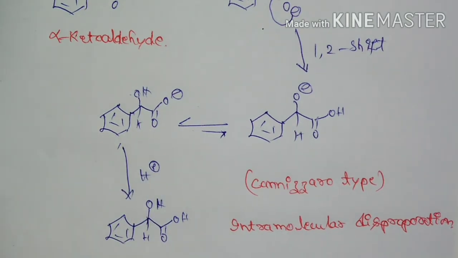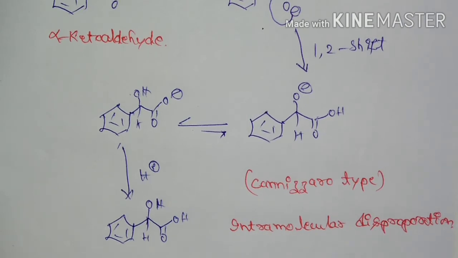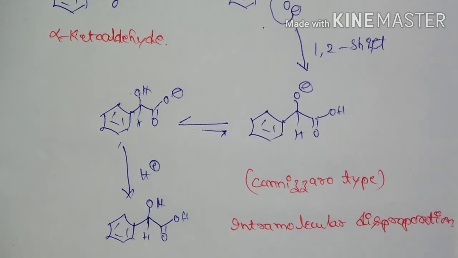So alpha ketoaldehyde will also undergo a benzylic type of rearrangement. It is not true benzylic acid rearrangement, it is just a Cannizzaro type, where intramolecular disproportionation takes place.